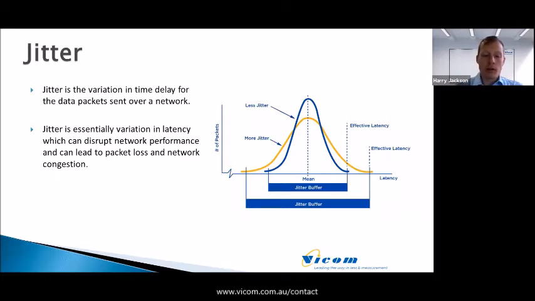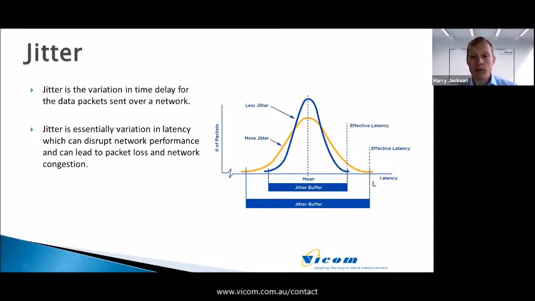If you've got a latency of some packets of information at 2 milliseconds and some packets of data coming across at 5 milliseconds, then your spread or your jitter buffer is 3 milliseconds. So that's the difference between the fastest packet of data and the slowest packet of data. Remembering that your effective latency is only as quick as your slowest packet of data.